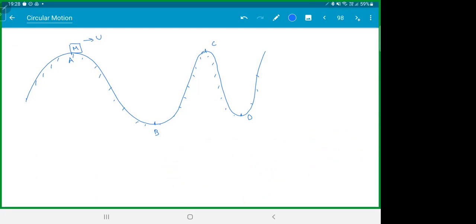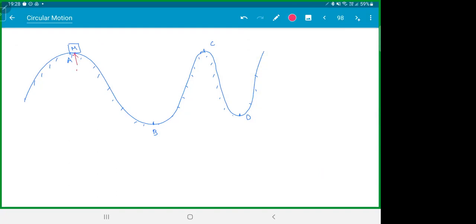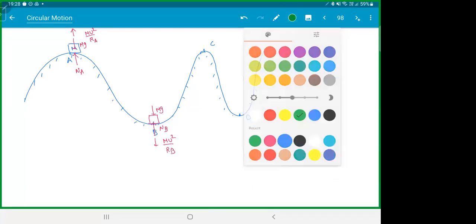So if you look at the FBD here, at A: Na, Mg, the centrifugal force is mu square by Ra. At B: Nb, Mg, the centrifugal force will be away from the center, understand? So here it is like this.